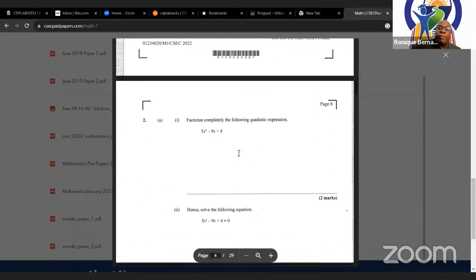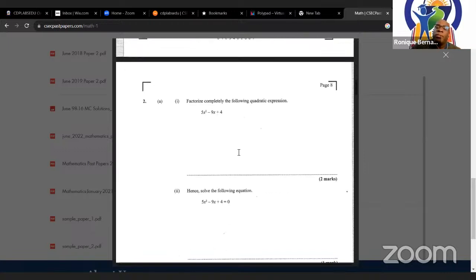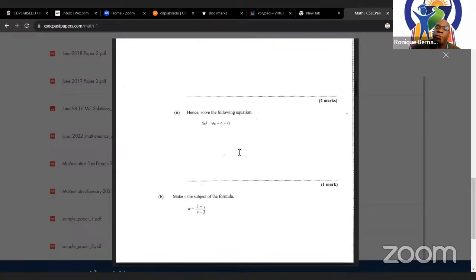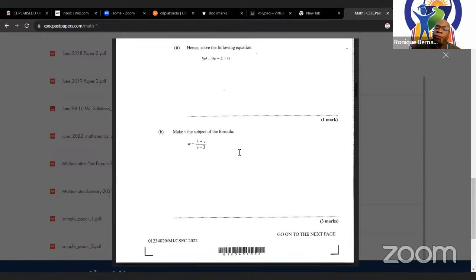Now we have algebra: factorization, solving equations, subject of the formula. So even when you're using a past paper, now that you're doing an exam come next year, don't just try to do the questions. The past paper tells you which subtopic.